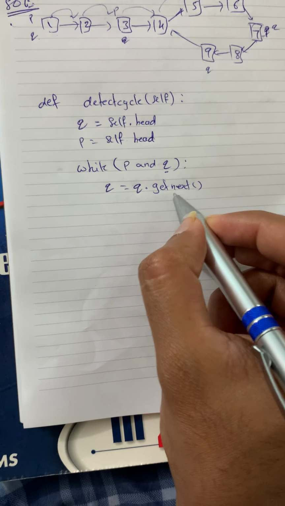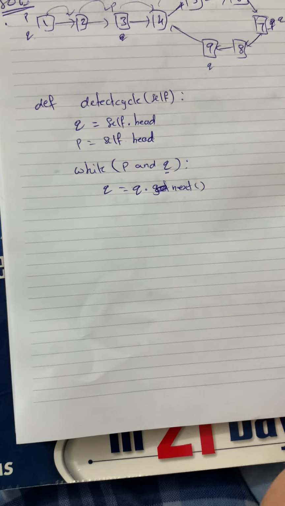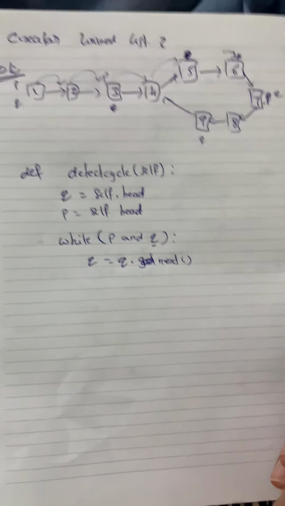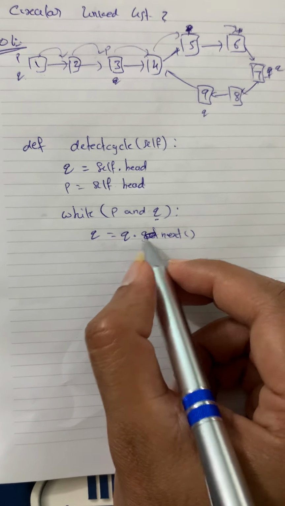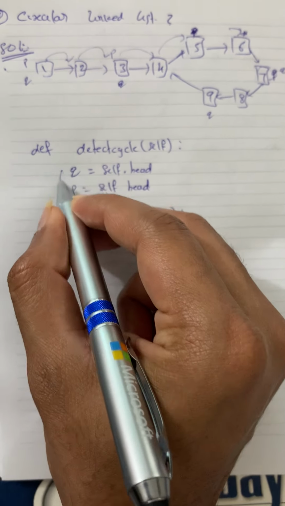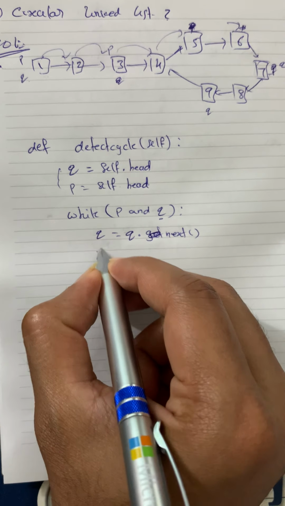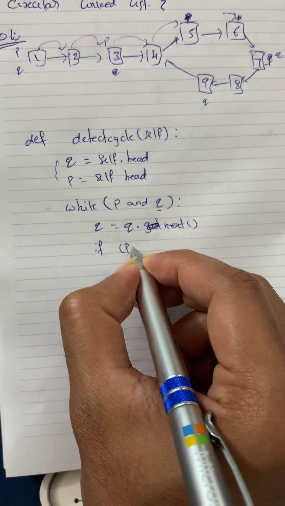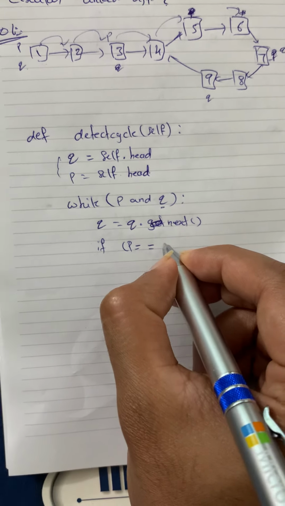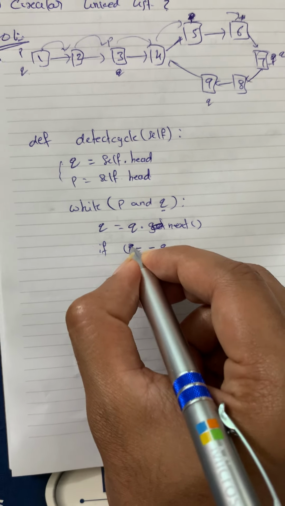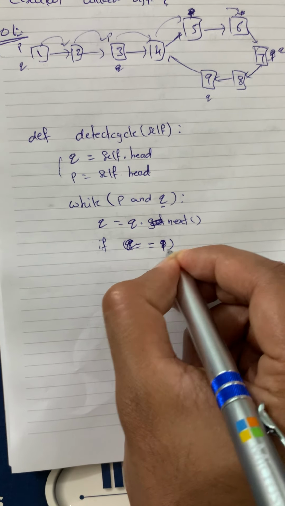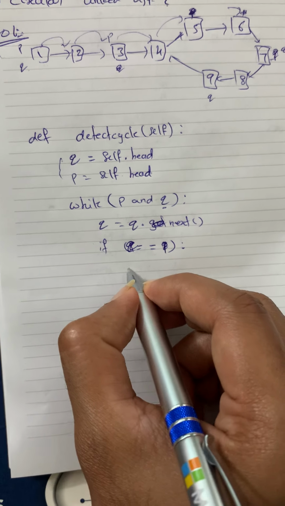So this is where we get the next pointer, or we simply say next, and we check if these both are meeting or not. So if q is equal to p, we return true.